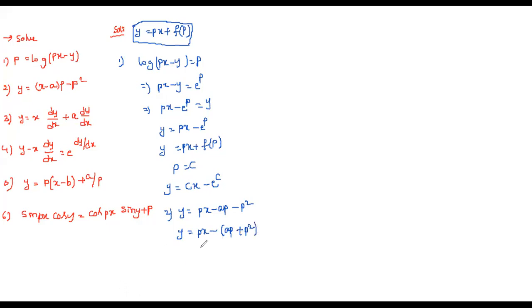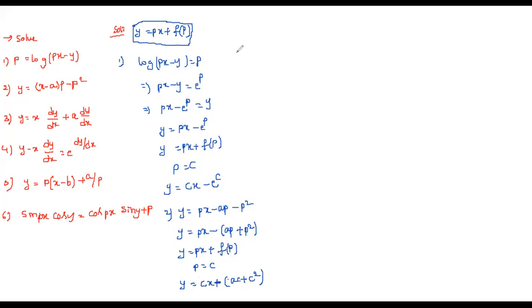Now, is this in the form of Clairaut's equation or not? y is equal to px plus f of p. So now we need to substitute c in place of p. Then simply we can write, y is equal to cx minus (ac plus c square). This is the general solution of the given equation. So that is the second one.